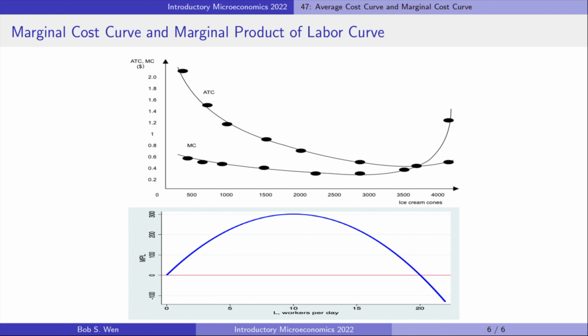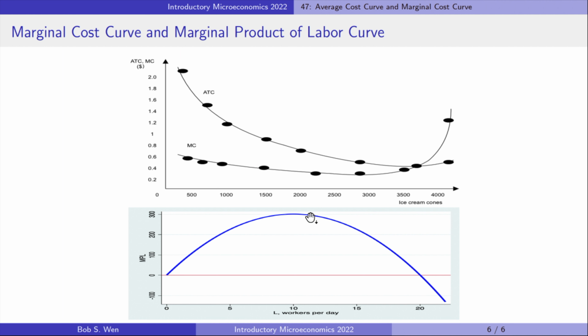But each additional worker costs $100 in terms of wages. So when we look at the marginal cost curve, for each additional unit of ice cream cone, the cost increases. In other words, the downward sloping portion of the marginal product of labor curve corresponds to the upward sloping portion of the marginal cost of output curve.